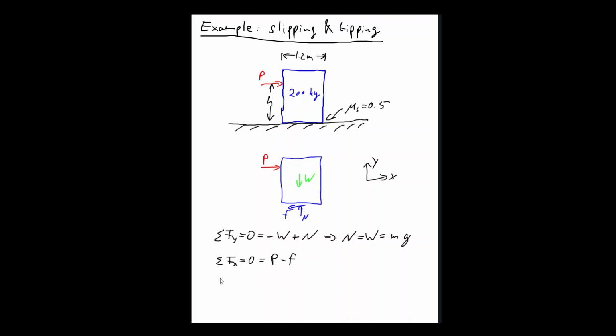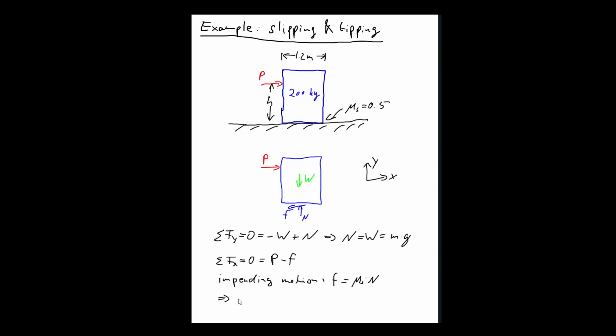Now we are at impending motion. That means that F is equal to mu s times N. So we can go back in here.